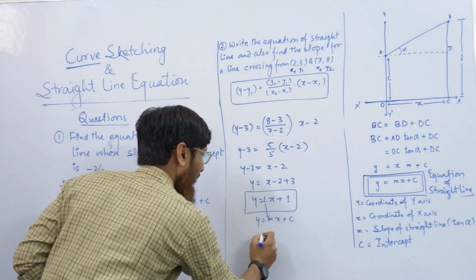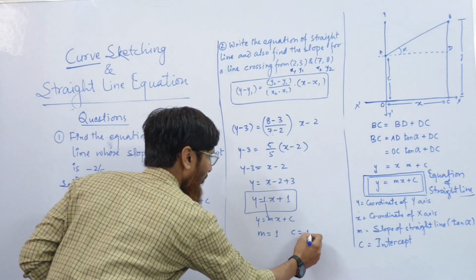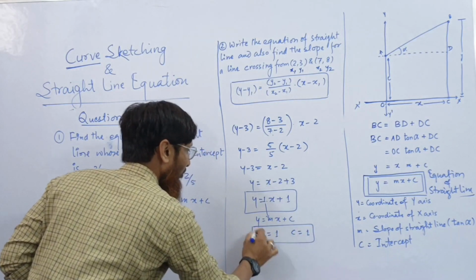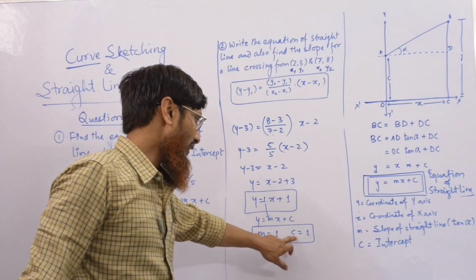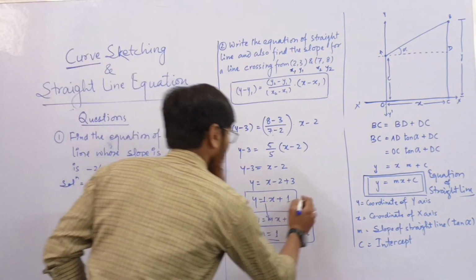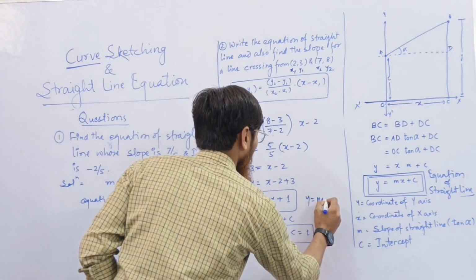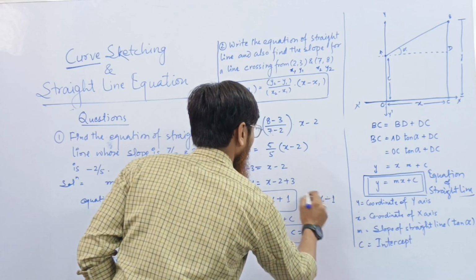So here m would be equal to 1 and c would also be equal to 1. So the slope of this straight line would be 1 and intercept would be 1 and the equation of straight line would be y equals to x plus 1.